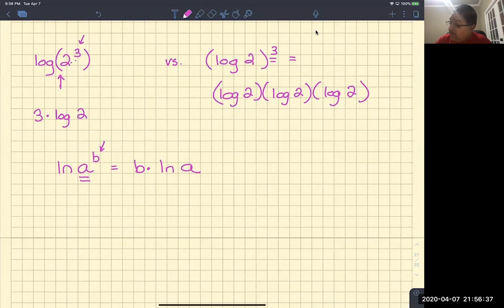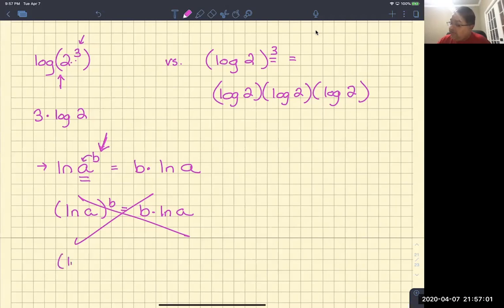However, what a lot of students will do is say, oh, okay, well, the natural log of a to the b power, written like this, is the same as b times the natural log of a. That is not true, okay? The difference is, in the previous example, b is the exponent, and the base of that exponent is a.